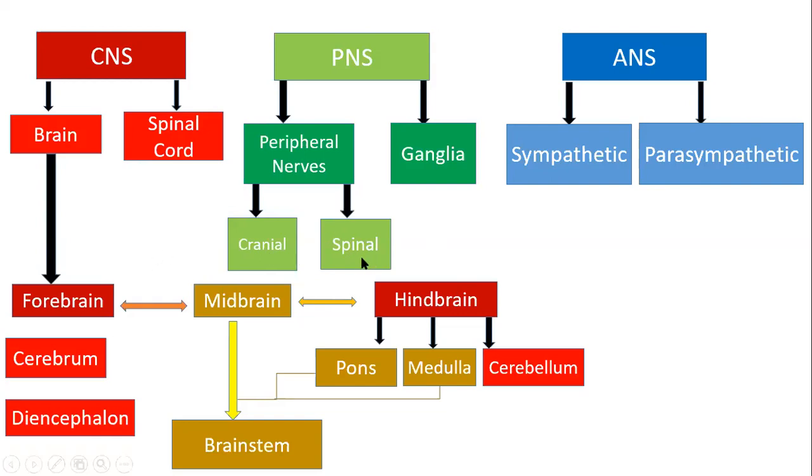Together, these two constitute the peripheral nerves and their associated ganglia. What is a ganglion? Usually, a ganglion is defined as a collection of the cell bodies of neurons. So I hope this classification is clear to all of you.